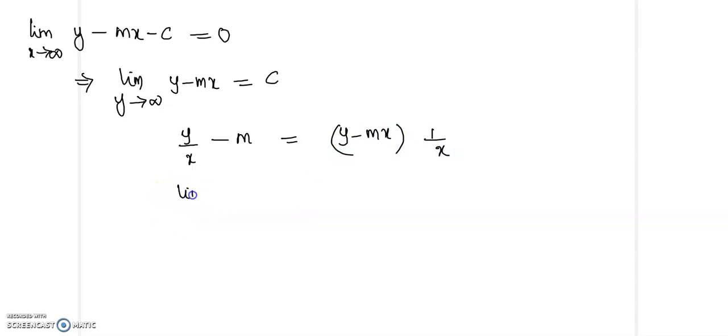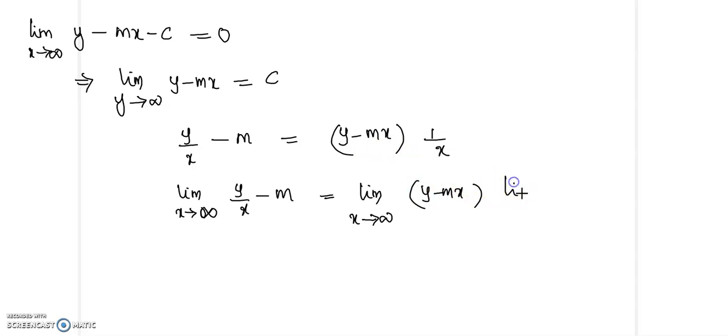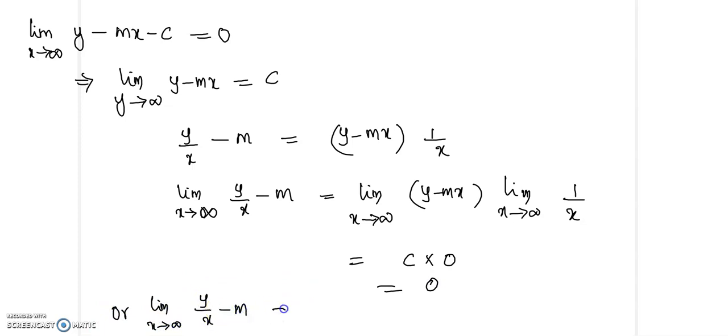So when you take the limit x tends to infinity, y by x minus m, this will be the limit of (y minus mx) into the limit of 1 by x, writing the limit as a product. Now the value of y minus mx is c, so the first limit will be c. So c into 0, which is equal to 0. Or we are getting here limit x tends to infinity, y by x minus m is 0.